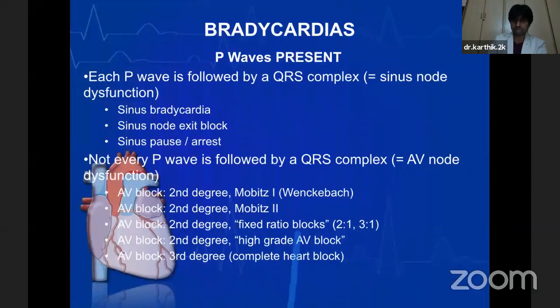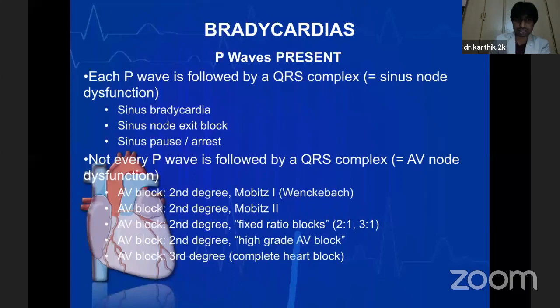So having read about narrow QRS and wide QRS tachycardias based on the rate and rhythm approach, let us see what we can learn about the bradycardias. In bradycardias, suppose you see an ECG rhythm strip and you calculate the rate, and the rate is less than 60, you have to see whether the P waves are present or not.